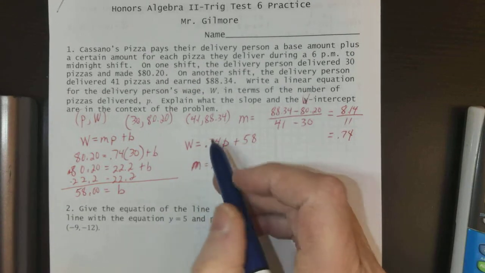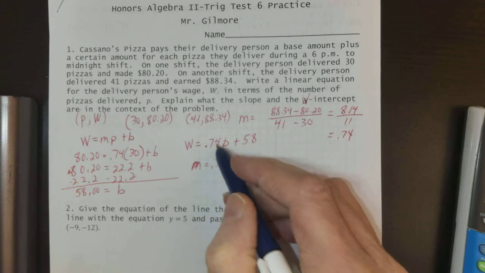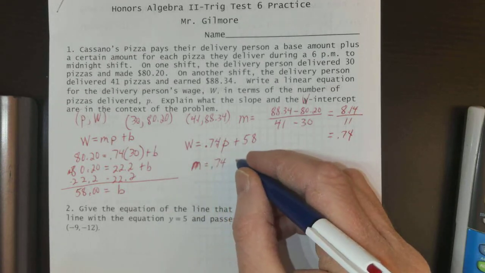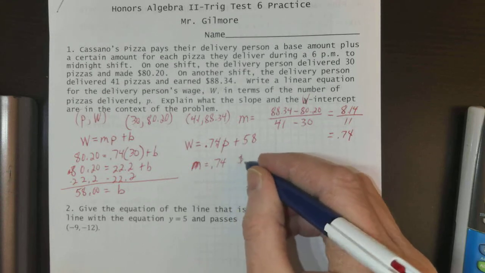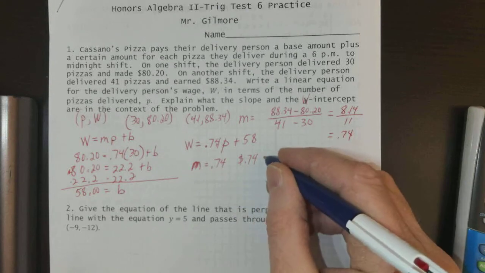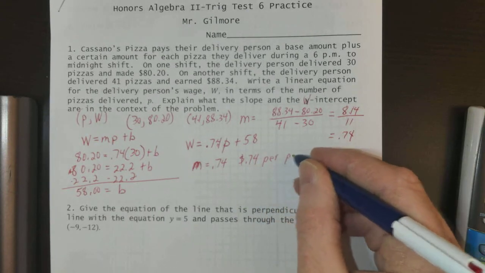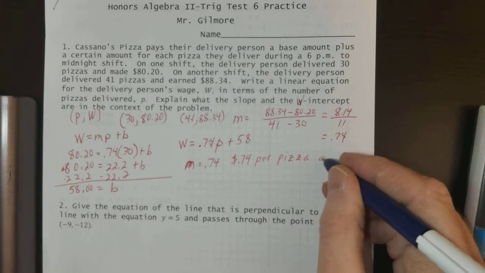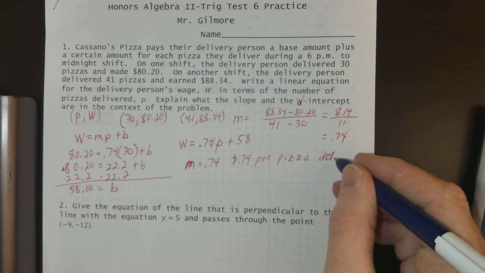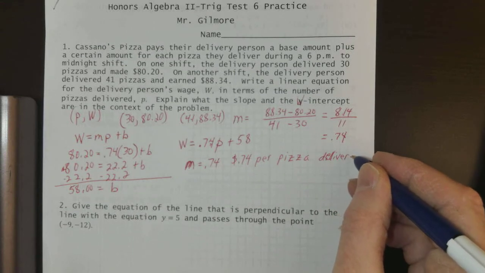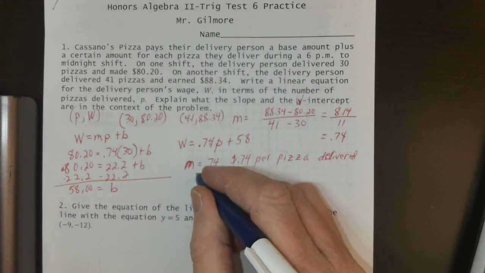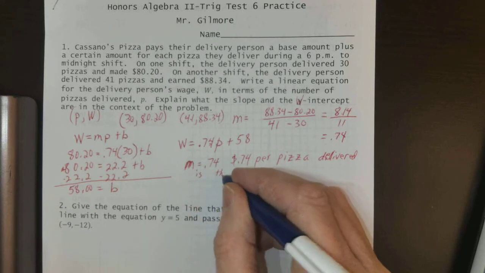All right, the slope is 0.74. And that is how much he gets per pizza. I'm trying to think how to just say that: 74 cents per pizza delivered is the slope.